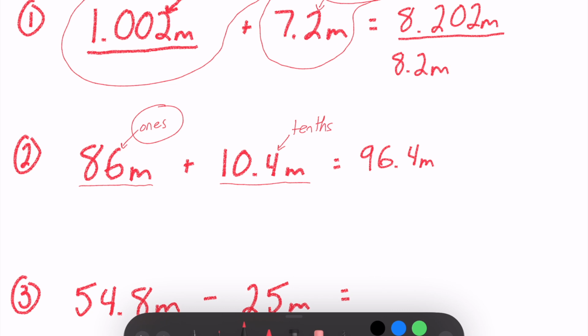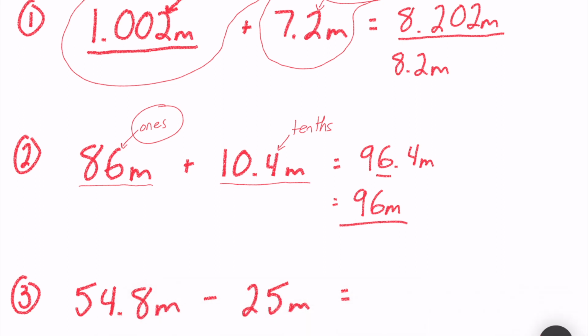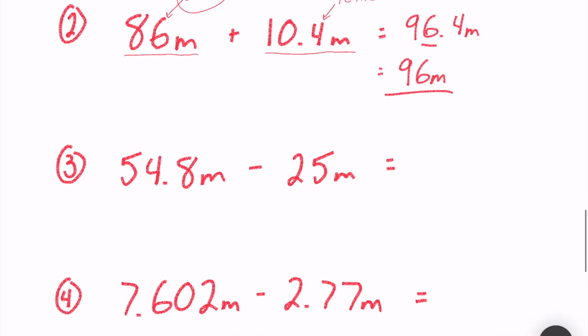But we can only keep sigfigs to that ones position, so we have to round down to 96 meters. That should be our answer with significant figures. So 96 meters. Let's move on to a little bit of subtraction.